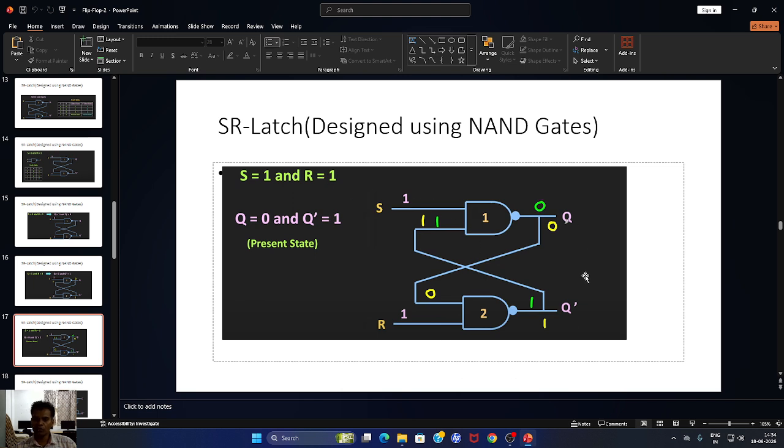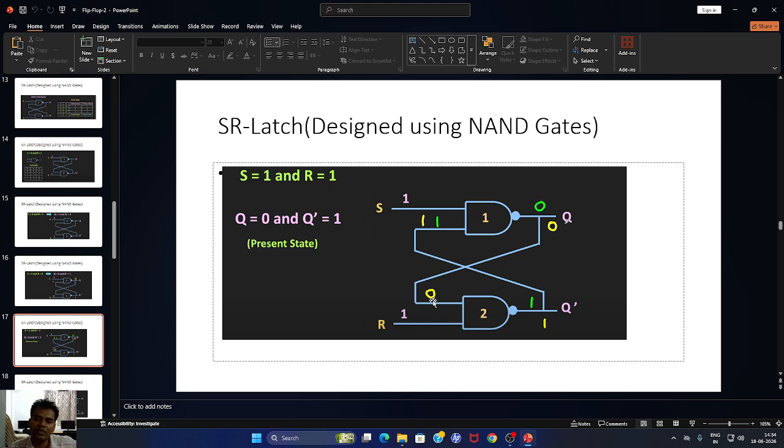Next combination is S equal to 1 and R equal to 1. To estimate the output values, first we need to consider the present output values. So initially I am assuming the present output values as Q equal to 0 and Q dash equal to 1. Based on that, S is equal to 1 and R equal to 1. So here Q is equal to 0. There is a feedback to the NAND gate 2 input, right?